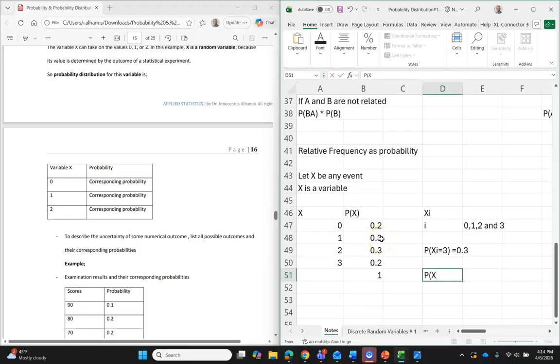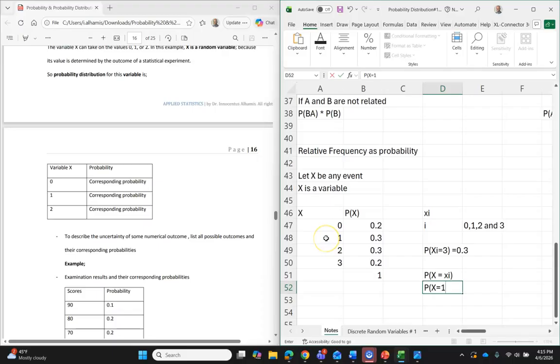What is the probability of X such that X is a particular value of X, which is Xi? So let me change this and write Xi. As I said here, we can say the probability of X such that X, if I'm considering Xi to be 1, should be 0.3.